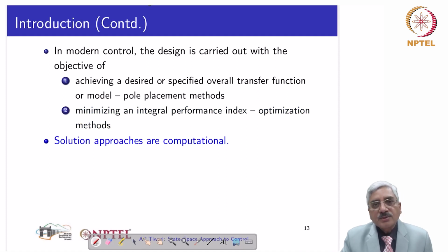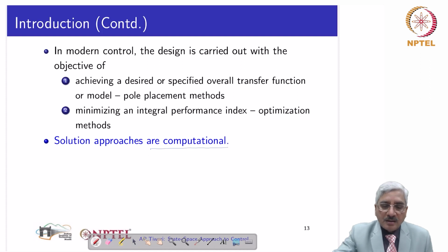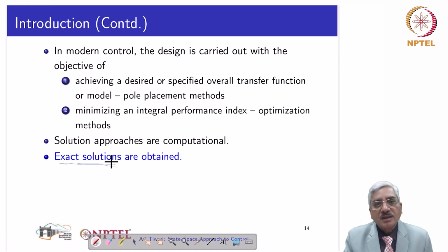And in contrast to the conventional approaches of design, the solution approaches in modern control are computational, and they lead to exact solutions, one-shot exact solutions in most situations. Sometimes iterative, but most of the time they lead to an exact solution without iterations.